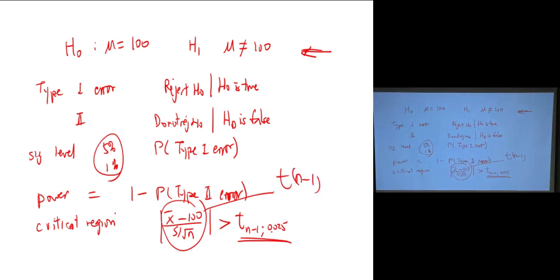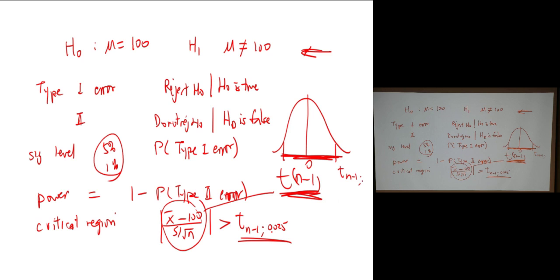Under the null hypothesis, it is supposed to behave like that. So I decide that if the absolute value of this quantity lies between minus t n minus 1, 0.025 and t n minus 1, 0.025, I do not reject.